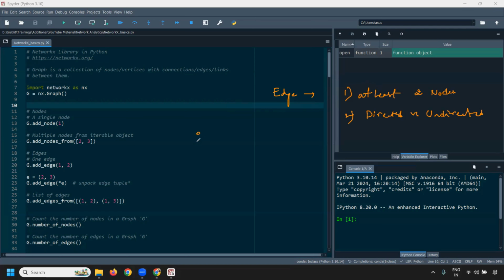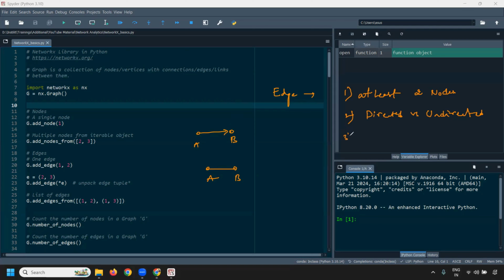That means if I'm connecting node A to node B, for example, Twitter contains directed connections. But if I eliminate that arrow, the direction, then this becomes an undirected connection like Facebook or LinkedIn.